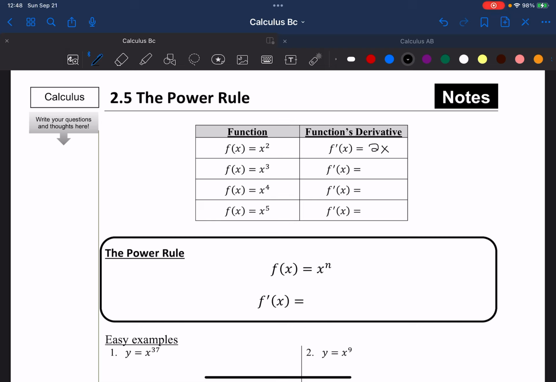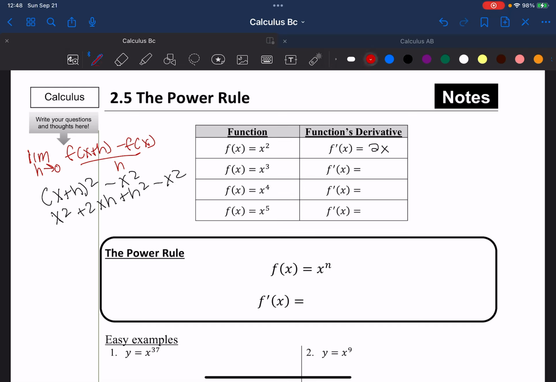First, looking back to what we already know: the limit as h approaches 0 of f of x plus h minus f of x over h. That's the same as saying (x plus h) squared minus x squared, so this is x squared plus 2xh plus h squared minus x squared.